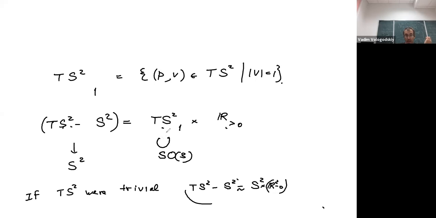Now, the observation I explained last time is that this action is simple and transitive, meaning that the stabilizer of every point is trivial. That's easy to see geometrically. If your element of SO3 preserves, say, the north pole, it means that it's a rotation around the axis. So if it preserves one more vector, it means that it's the identity.